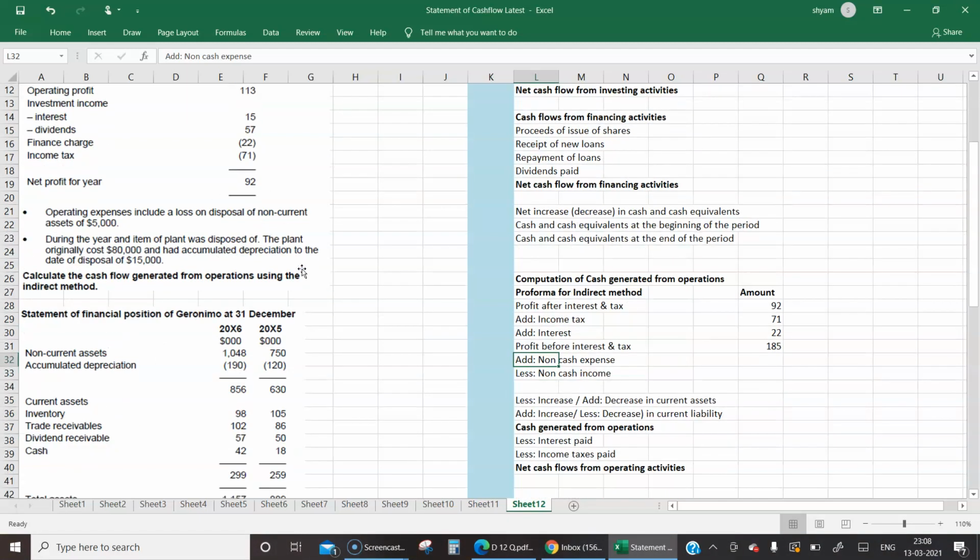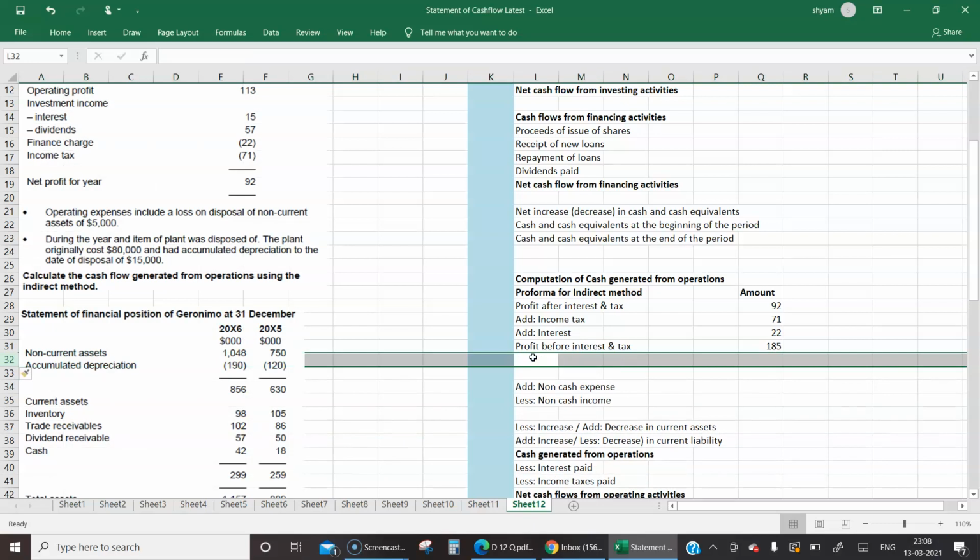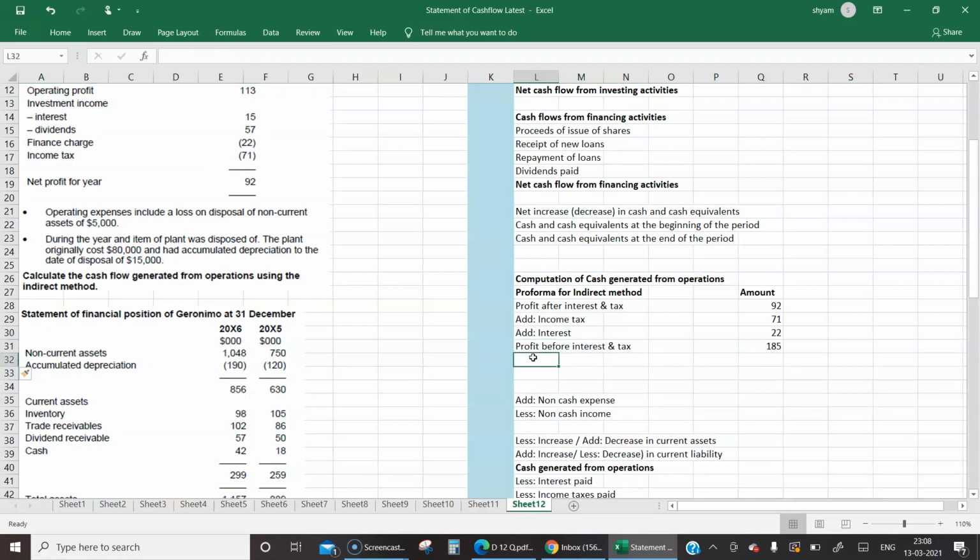Not add back, we have to reduce, because these numbers are not business income. Sorry, we have to reduce non-operating income.